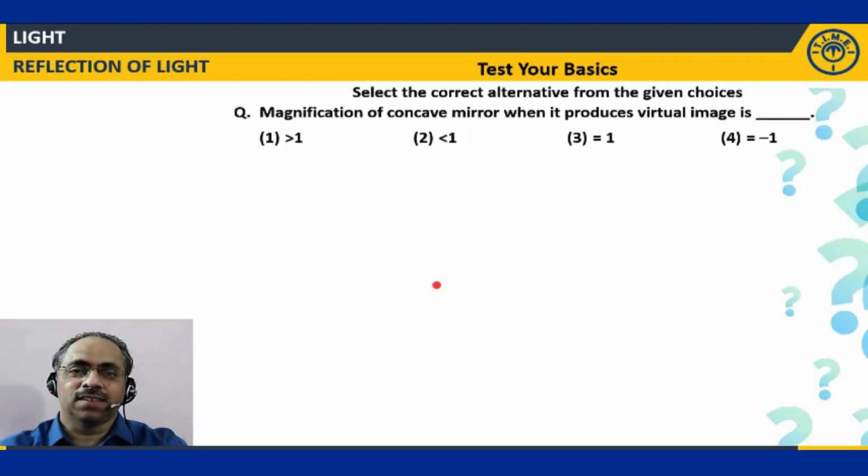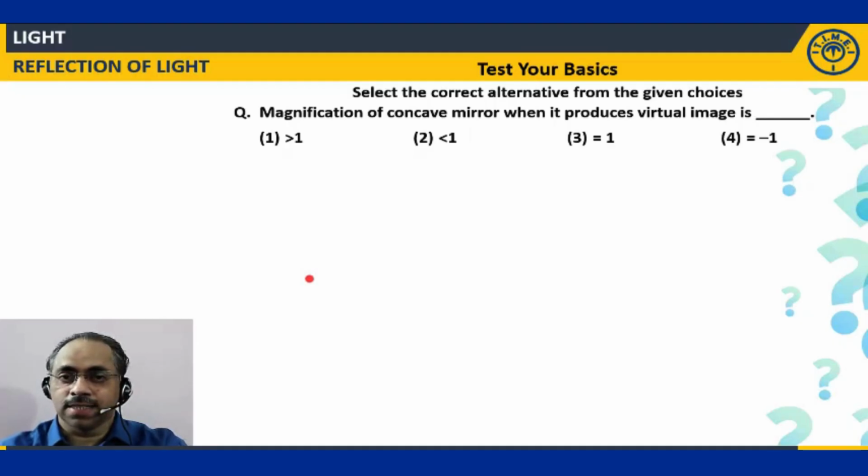That means the object is lying within the principal focus, or you can say the object distance is less than the focal length. In such a case, you will get a magnified image which is behind the mirror. So it is a virtual image. It cannot be caught on a screen. So when you say it is a magnified image, what will you call the magnification? Is it equal to 1?